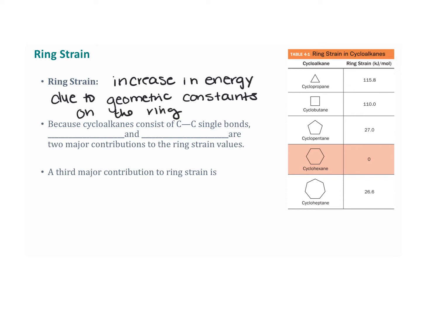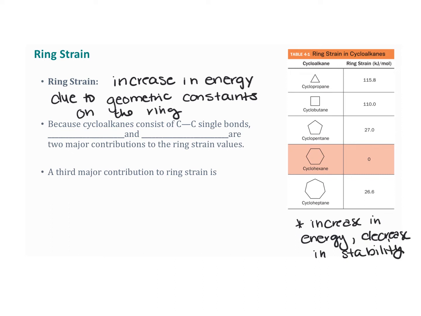And so this increase in energy results in a decrease in stability. So I want you to remember, if we have an increase in energy, then we're going to see a decrease in stability.